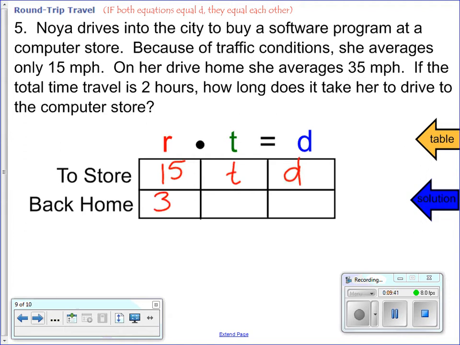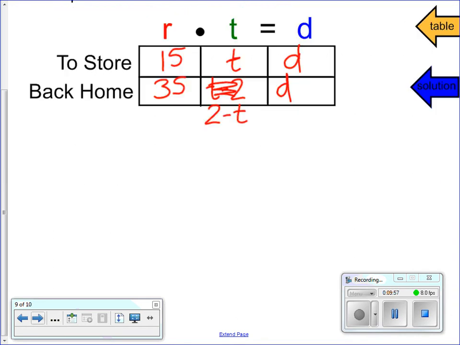On the way back, she's doing 35, and the whole trip takes 2 hours. This is 2 minus T, sorry. So it takes 2 hours, and then we subtract how much it took her to get there, and that equals D. So my equation is 15t equals 35 times (2 minus t).